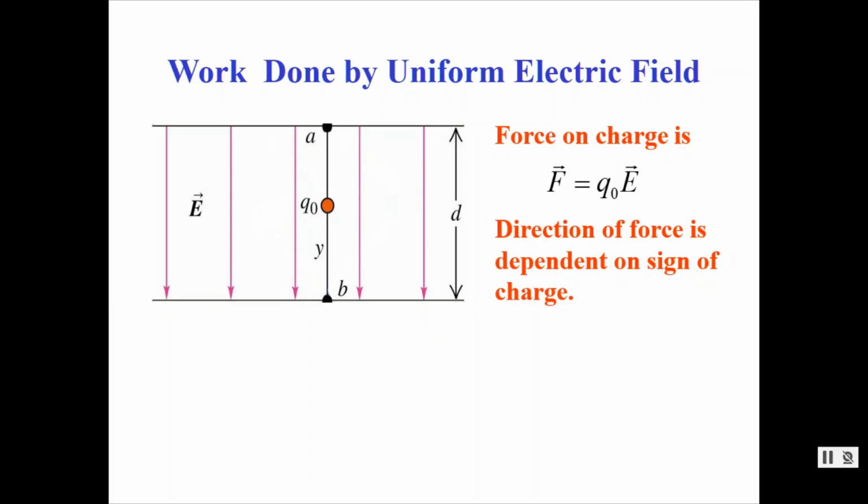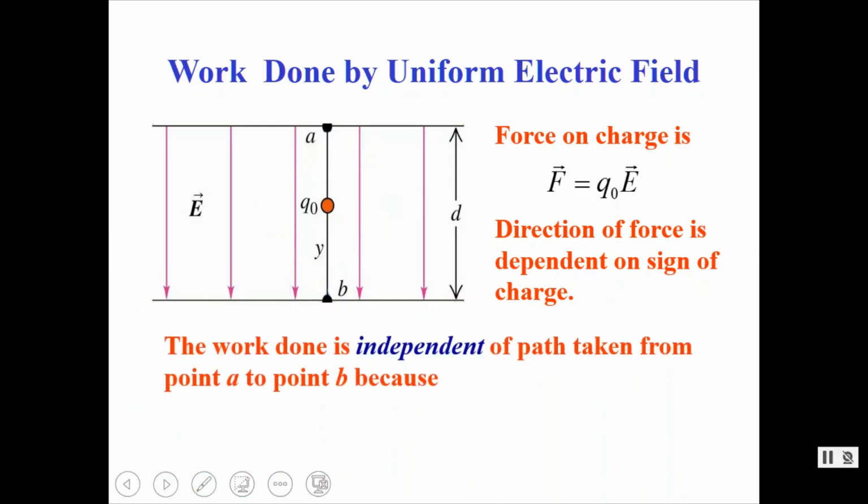The direction of the force will be dependent on the sign of the charge, so Q0 does need to include its sign. In this case, our test charge can either be positive or negative, and this equation would handle that. The work being done is independent of the path being taken. If I go straight from A to B, that would give a certain amount of work.